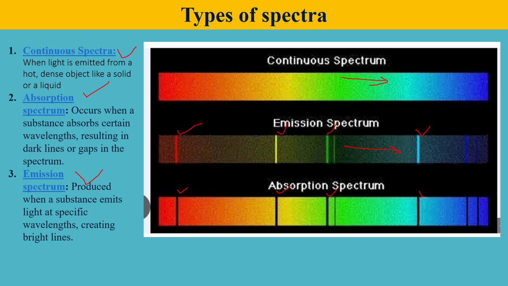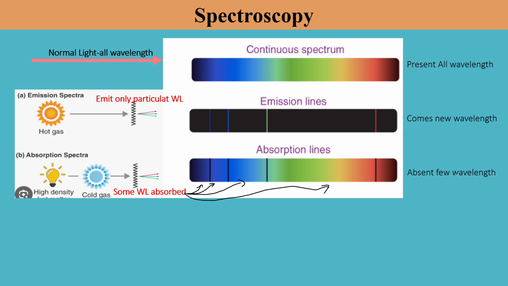So why do these bright lines and dark lines appear in the spectra? When electromagnetic radiation interacts with a material, the material absorbs some frequencies or energy. Which frequency the material will absorb depends on the nature of the sample.